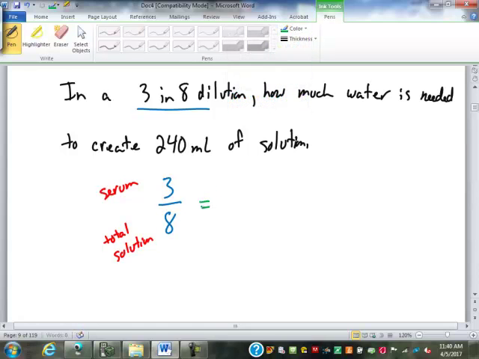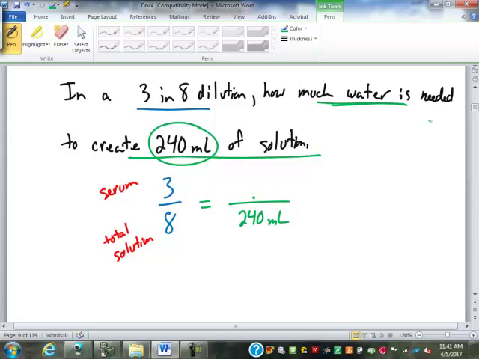Well, looking up here in the problem, we have the 240 milliliters. Does that represent either one of those? 240 milliliters of solution, that represents the total solution. So now the bigger question is, is the amount of serum what we're looking for?